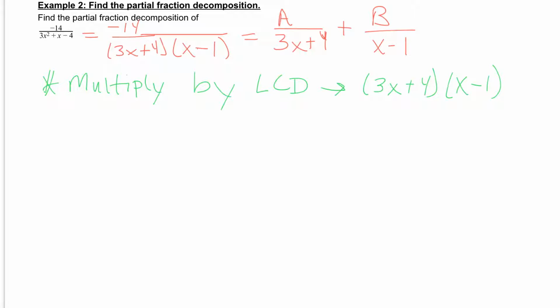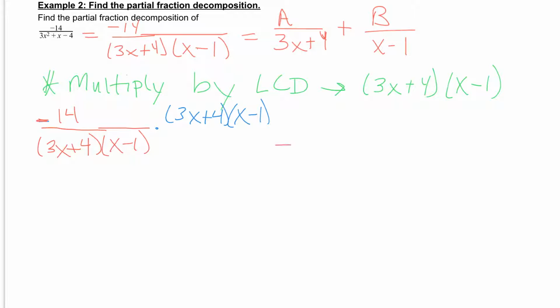So as we do that, let's start with the red. We have negative 14 over 3x plus 4 times x minus 1. And what we're doing is multiplying everything by that least common denominator. So I'm multiplying this by 3x plus 4 times x minus 1.